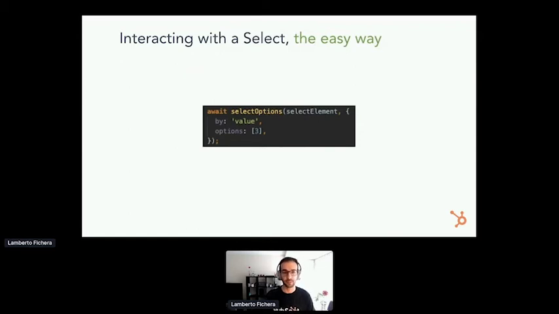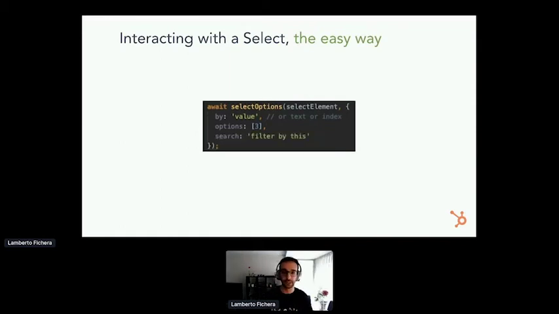You can simply delegate to the testing team that builds those, select options, for example, just passing the root component, passing a way to select the option, so by value or by index or by text, and then the option itself or the options themselves if it's multiple. You can also filter.